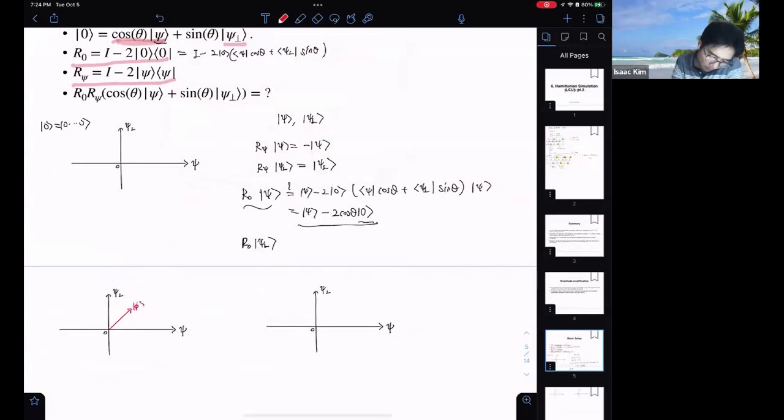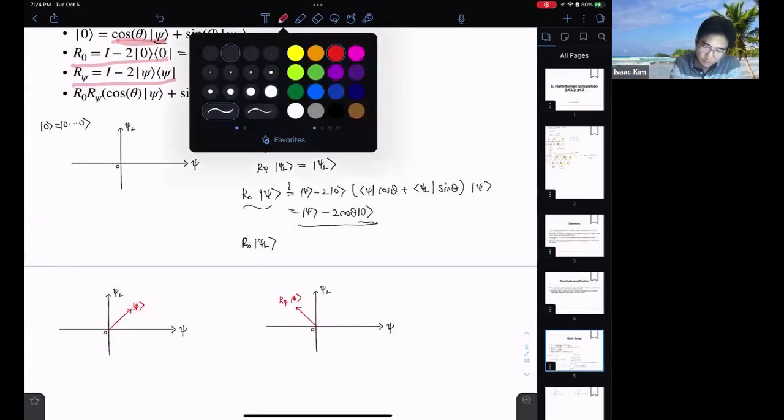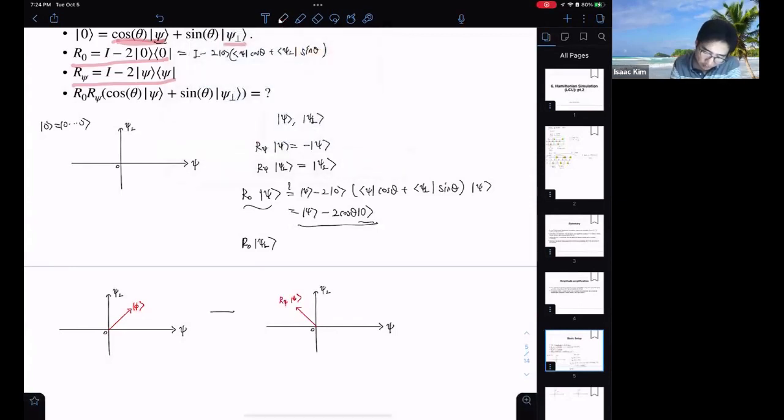Maybe I'll call it V. Then what if you apply R psi? Well, we're basically looking at the psi component of this vector and applying a minus sign to that. So pictorially, the vector that is shown on the left will transform in this way. This is a reflection.